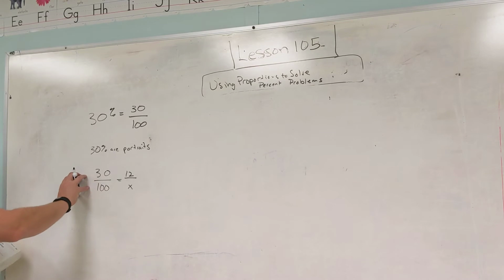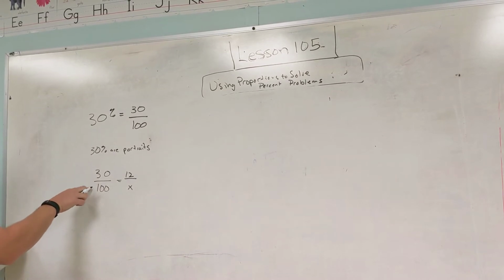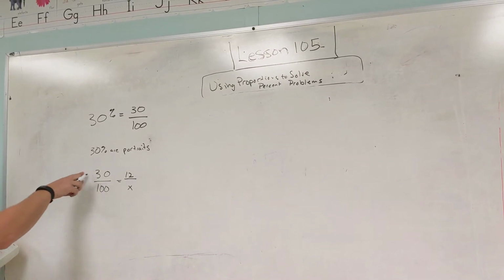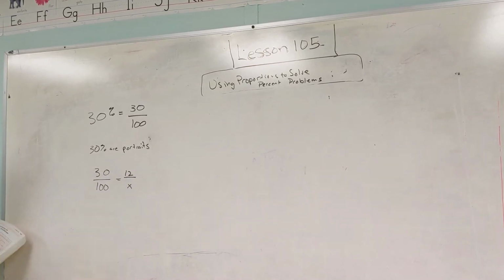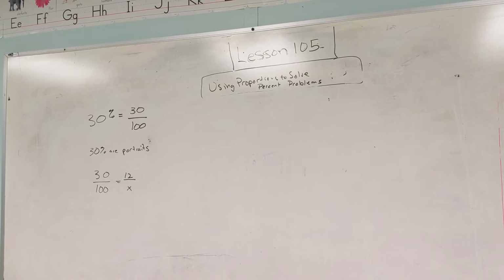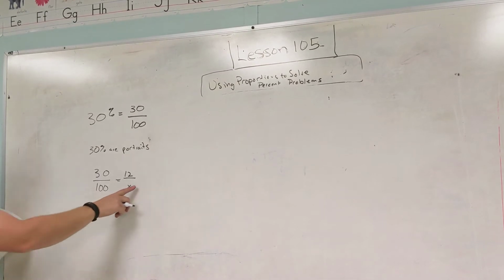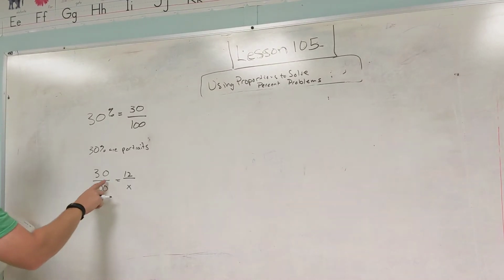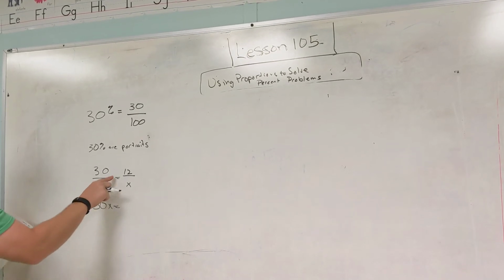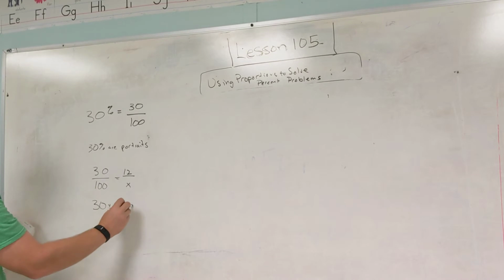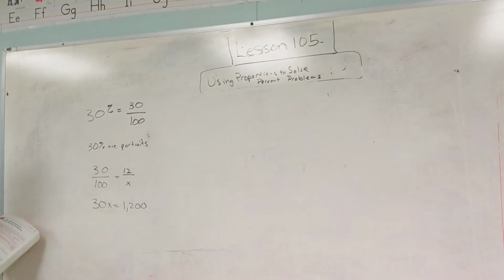So here's the percentage. It's 30 out of 100 paintings, 30 of those are going to be portraits. So if I only have 12 portraits, how many total paintings are there? We're going to do our cross multiplication here. We've got 30 times x equals 100 times 12, so 1,200.